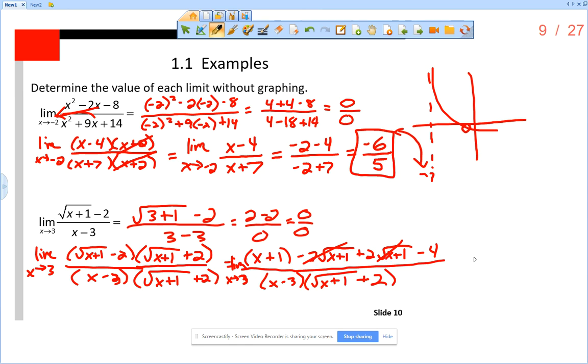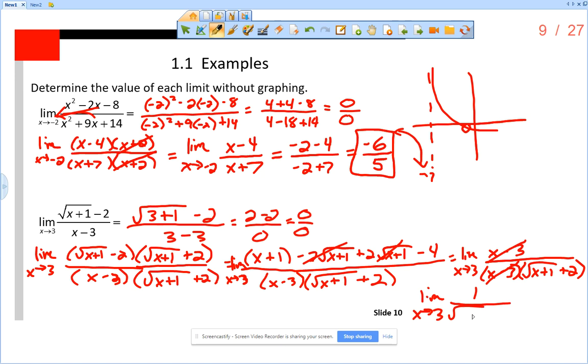So I have x plus 1 minus 4, which is, of course, x minus 3. And so I notice that I have the x minus 3 in common, and I have the square root of x plus 1 plus 2. So now the x minus 3's do, in fact, reduce. A common mistake here is that people forget that when I reduce the x minus 3 from the numerator, I have a 1 remaining. So 1 over the square root of x plus 1 plus 2.